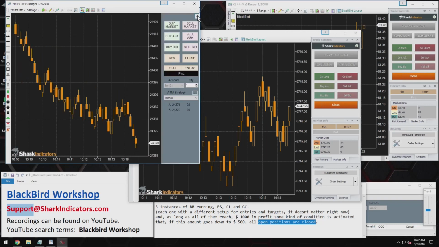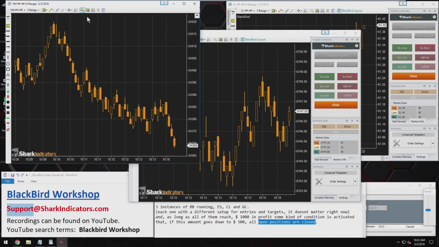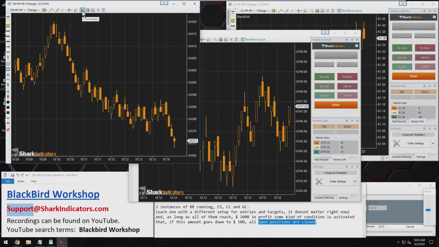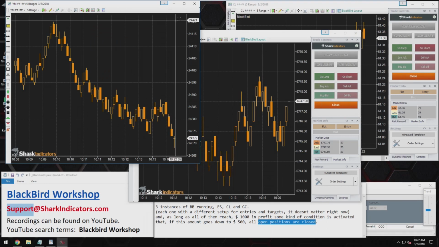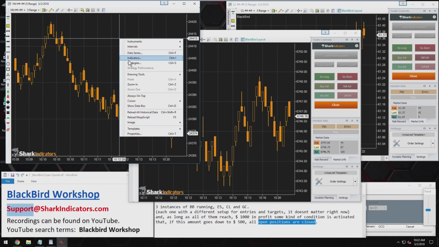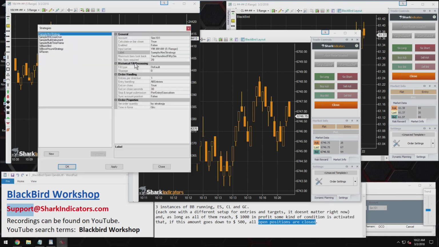So you can expand it out. If the chart trader is turned on, then the strategies are disabled for that chart. So just simply turn your chart trader off, and now you can get into the strategy window.